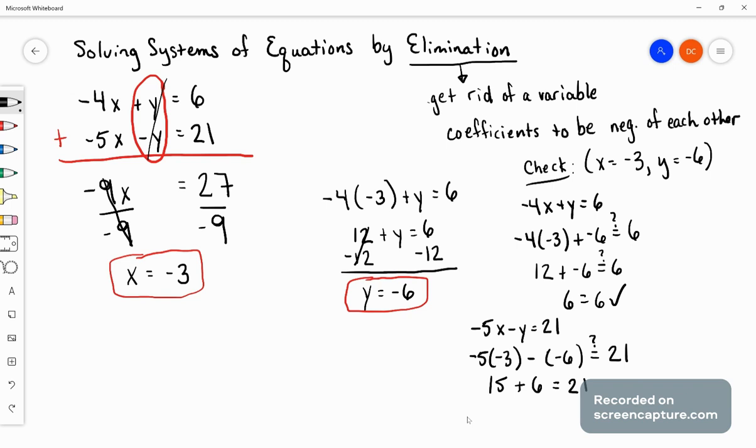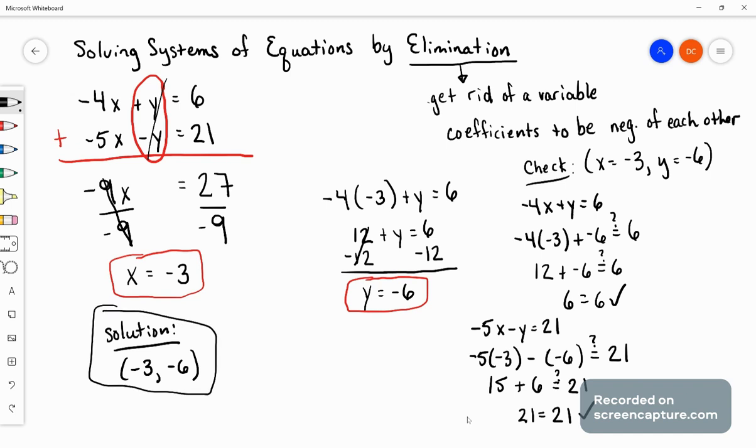Does that equal 21? Yeah, 15 plus 6 is 21. So 21 equals 21. So my solution to this system of equations is x equals negative 3 and y equals negative 6. So your solution is the point negative 3, negative 6. You can think of it like that.